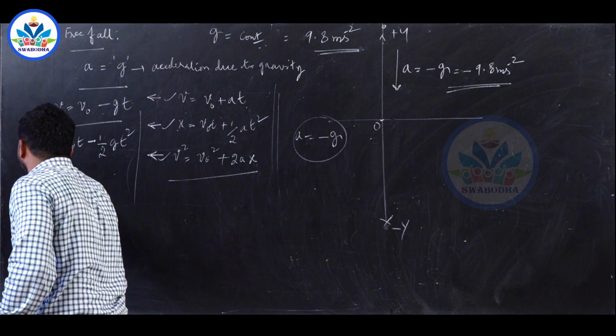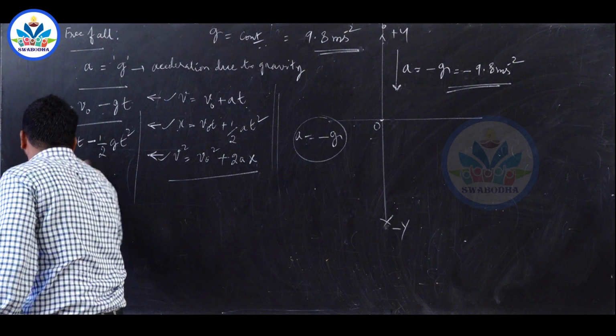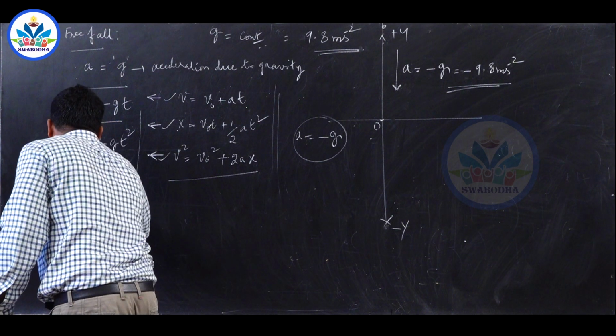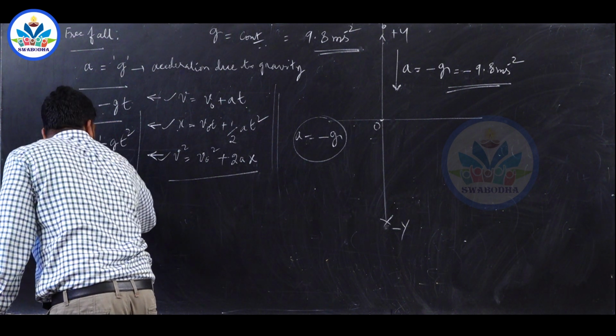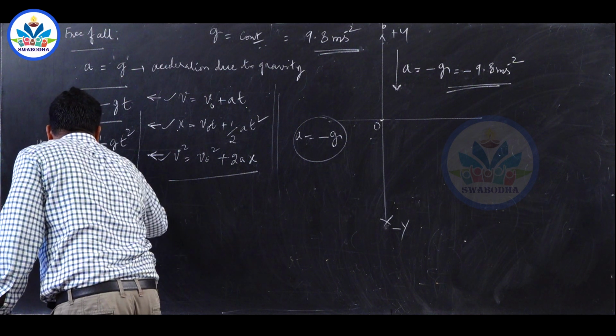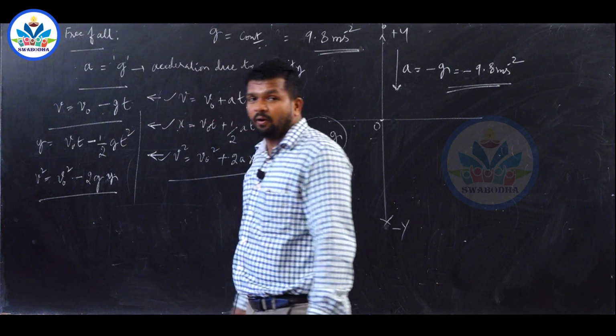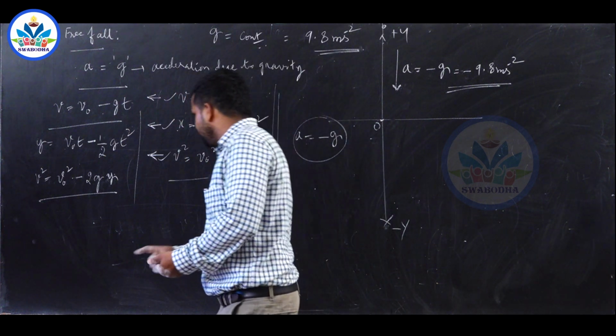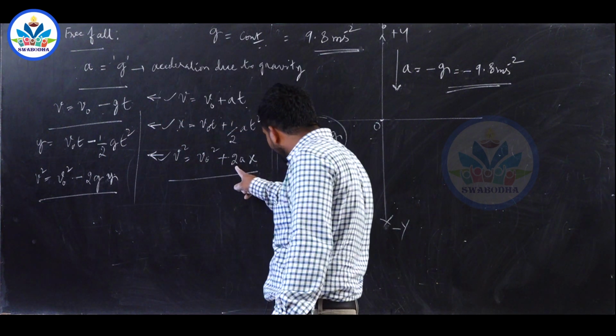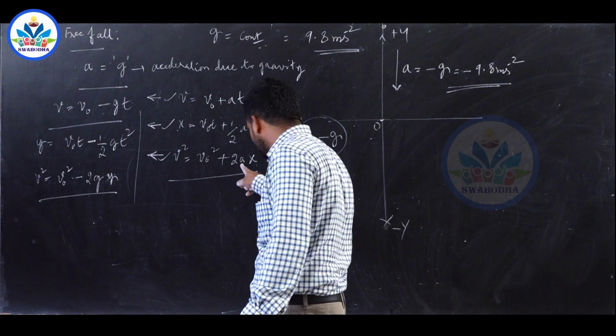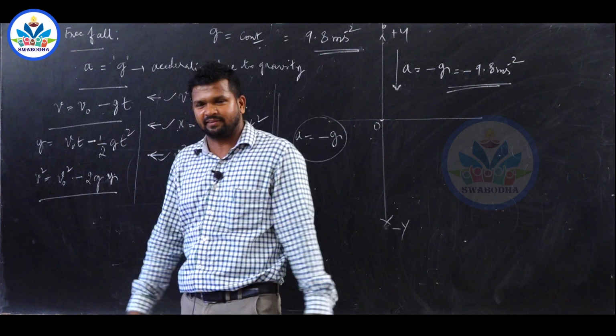Similarly, third equation, v square equal to v naught square minus 2 into g into x, that is y, because the displacement is along the y direction. Plus 2 into a equal to minus g becomes minus 2g into x. In place of x, it will be y.